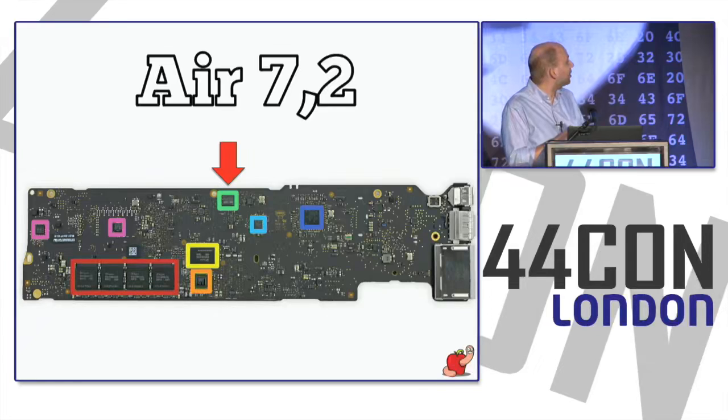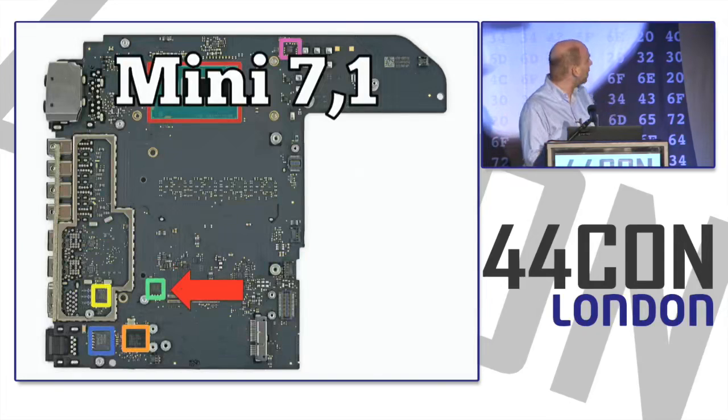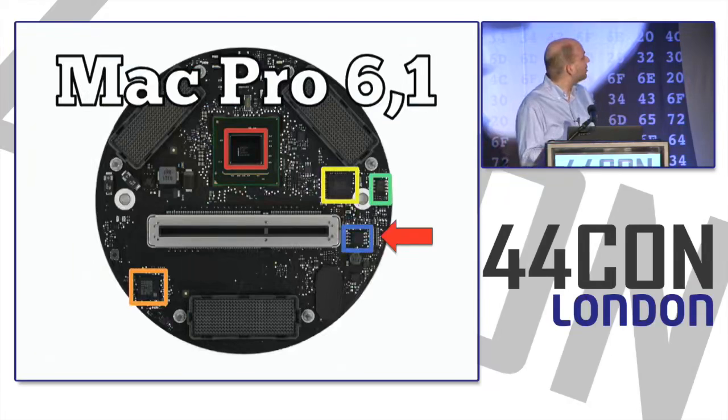For example, this is the chip for a MacBook Air. You have to disassemble the whole machine to access the chip. On a Mac Mini, it's the same thing. It's very packed. You have to disassemble, and the chip is here. This is on a Mac Pro. I have a Mac Pro. The first thing I did when it arrived, a 4 or 5K machine, was open and disassemble the machine. I reassembled it, it didn't boot, and I thought, okay, I just destroyed a 4K machine.